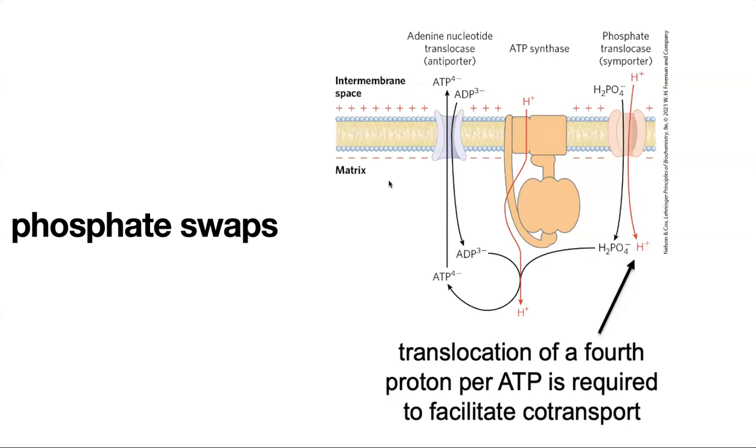But when we think about direct numbers for our accounting purposes, we typically just consider that there's this one extra proton that you need, because that's the one directly related to the transport of that inorganic phosphate. Whereas here, it's just an indirect effect, and we're not directly transporting a proton, we're just changing the relative charges on the sides and lowering the electrochemical gradient that way. The electrical part, but not the chemical part.